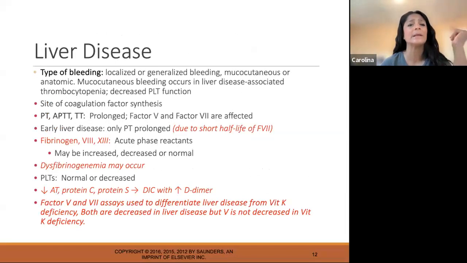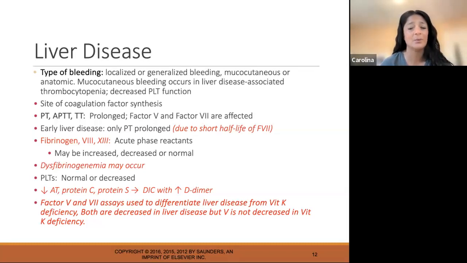But the type of bleeding could be localized bleeding in one area or generalized bleeding. Patients can experience mucocutaneous bleeding or anatomic bleeding as well. Mucocutaneous bleeding occurs in liver disease-associated thrombocytopenia, and also there is decreased platelet function. Okay, so again, the liver is the major site of coagulation factor production. So this is where we're making coagulation factors.